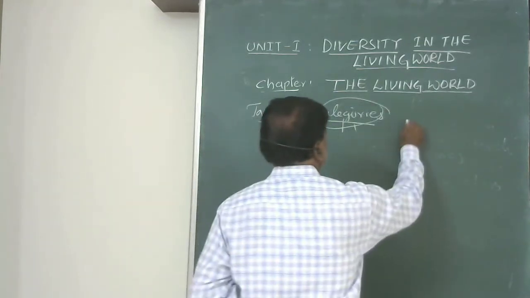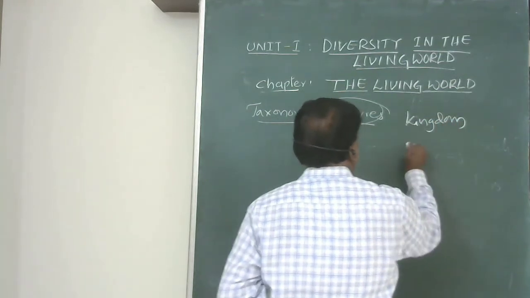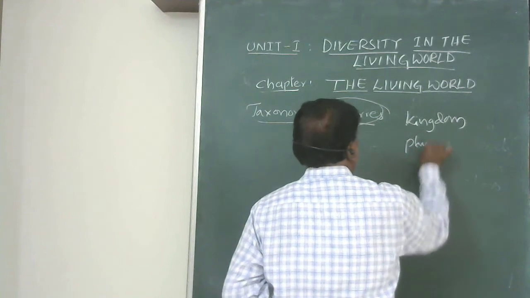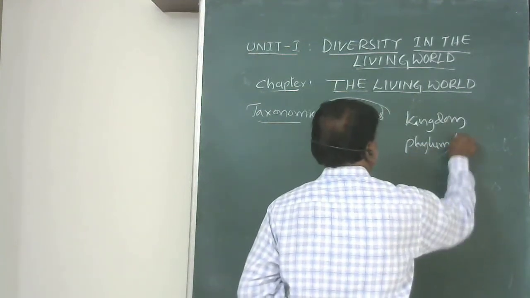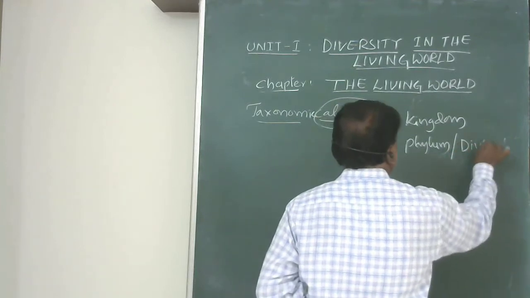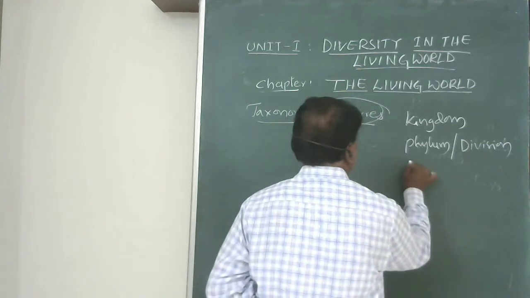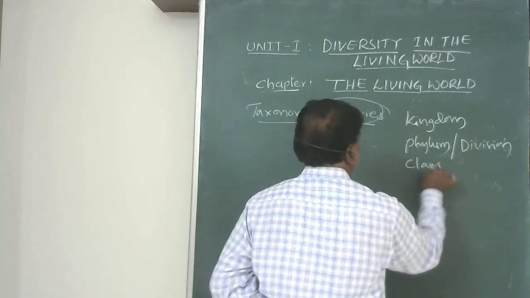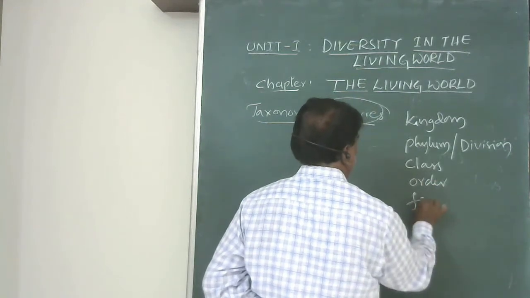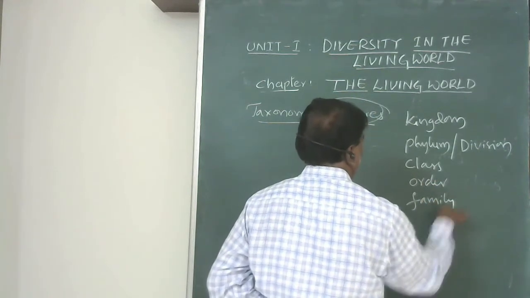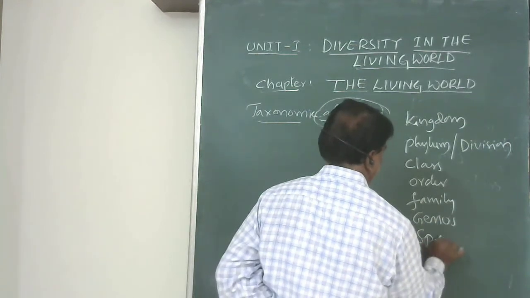If we arrange all these categories in a proper manner, it goes like this: kingdom, phylum in case of animals, and division in case of plants, class, order, family, genus, and species.